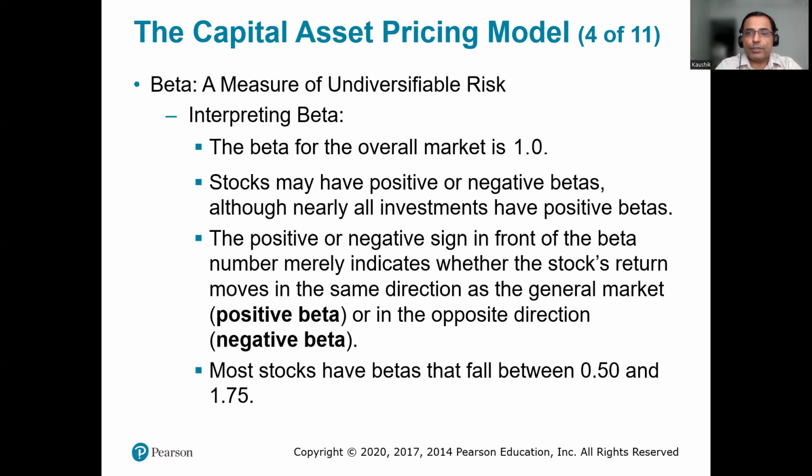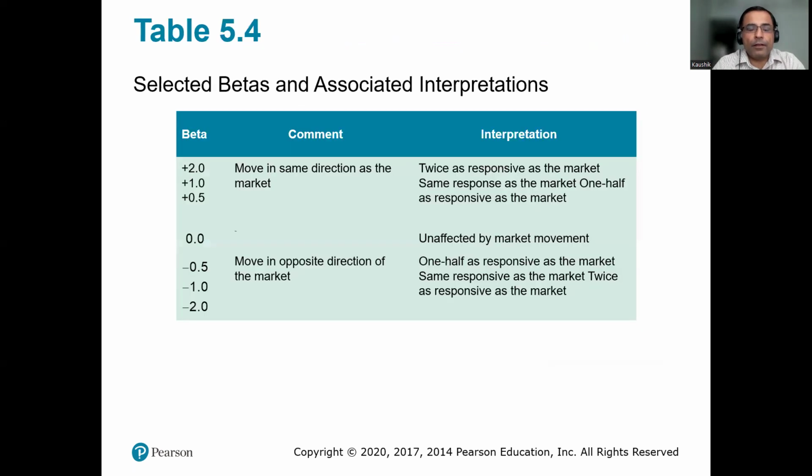The stocks may have positive or negative beta. Positive beta means a positive change in the market return will lead to a positive change in the stock return. And negative beta means a positive change in market return will lead to a negative change in stock return. So these are some of the interpretations of different betas.